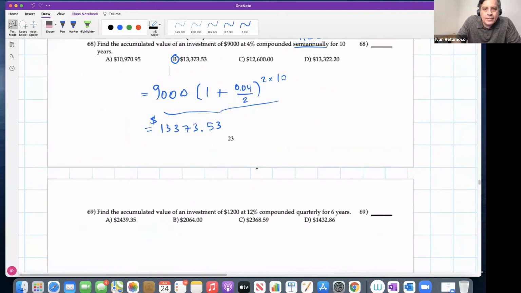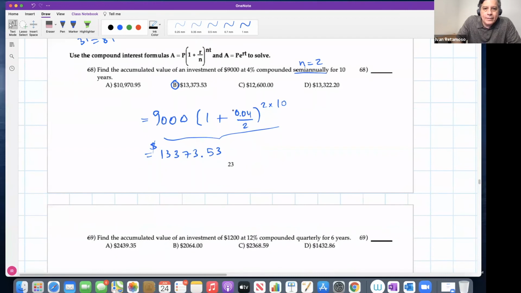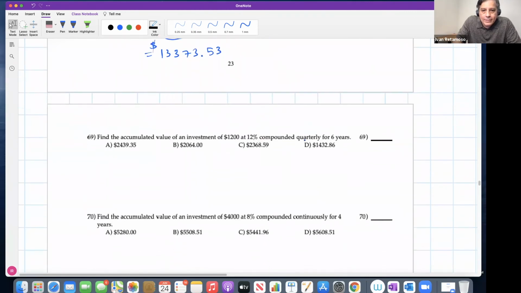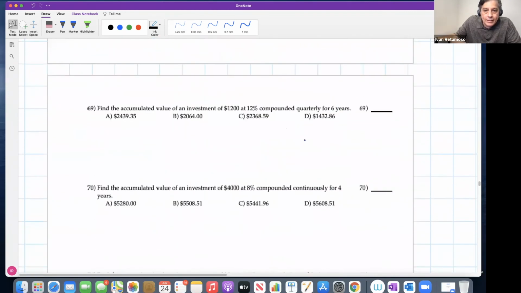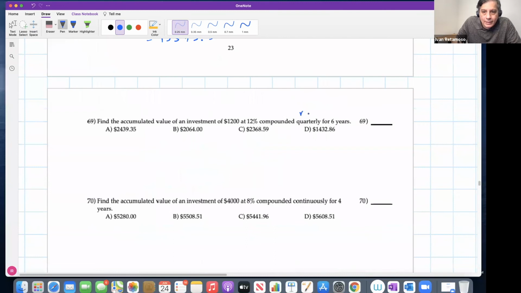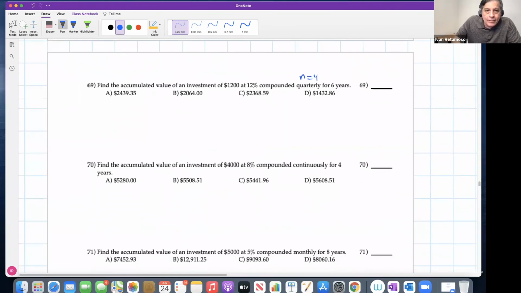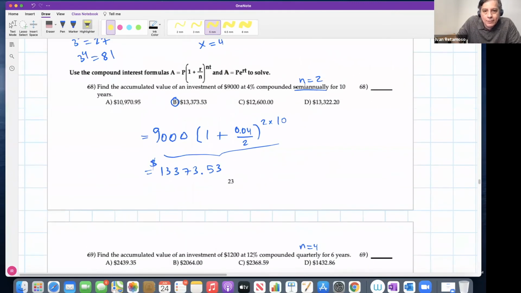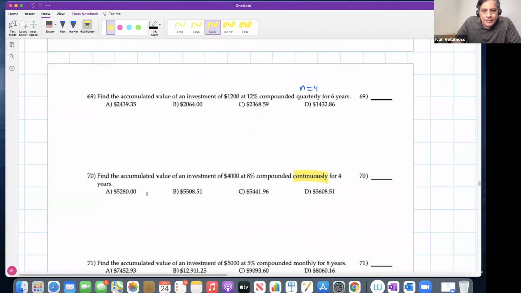Now, this is for a finite number of times for the compounded interest, right? But as a hint, if you see quarterly, n equal 4, right? But if you see the word compounded continuously, this word is important. We explained that this word tells you that you have to use this formula then, right? I will explain why, right?